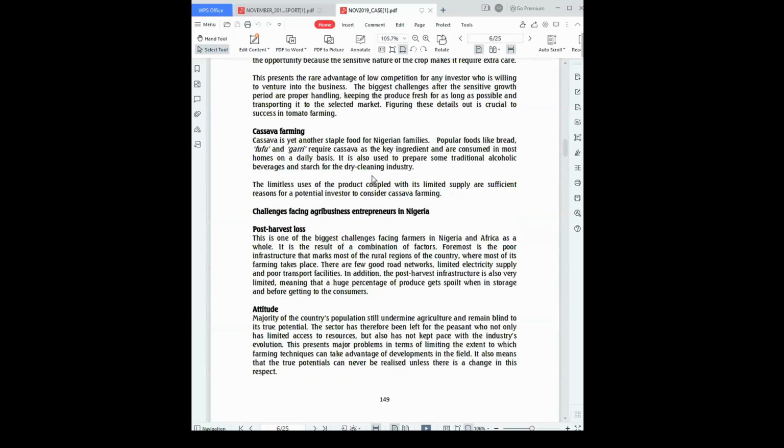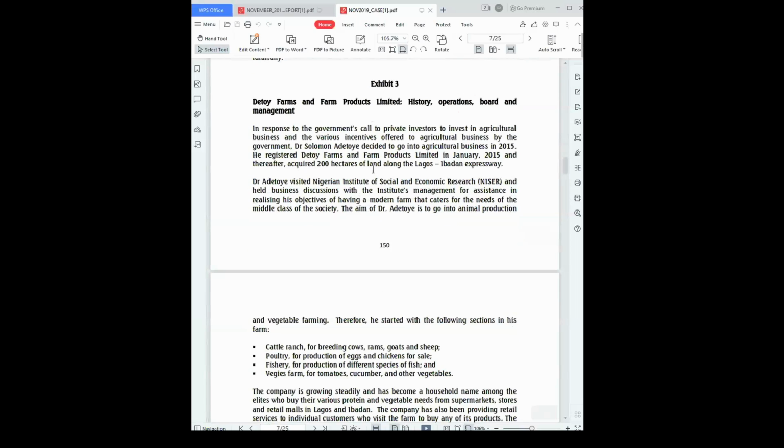Okay, then this is exhibit three. It talks about Detroit Farms and Farm Products Limited: history, operations, and board management. Hopefully, this Detroit Farms is our client, yes.